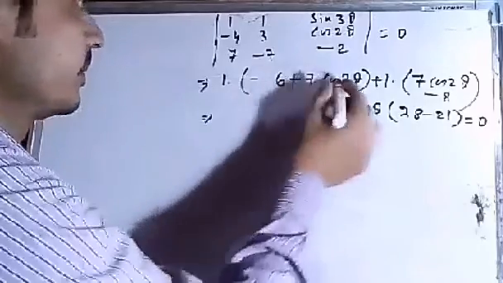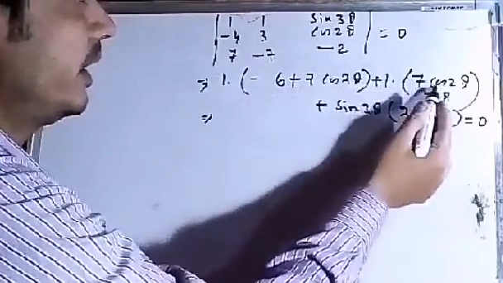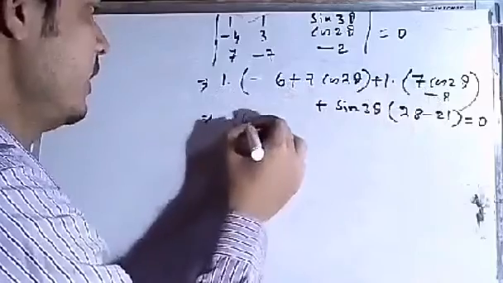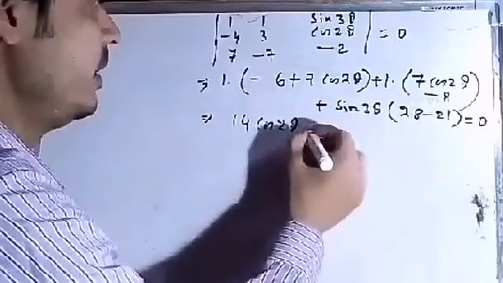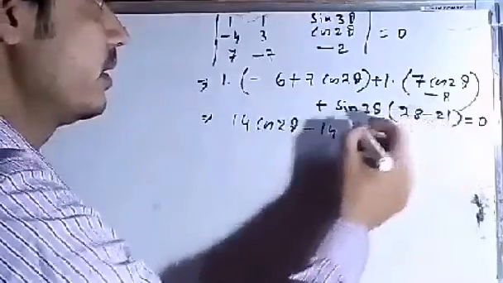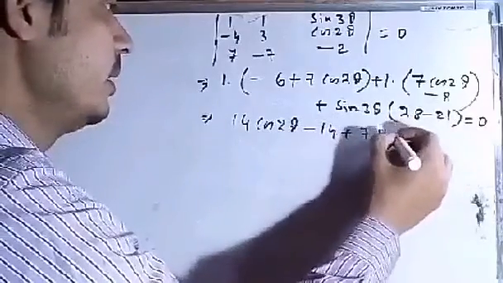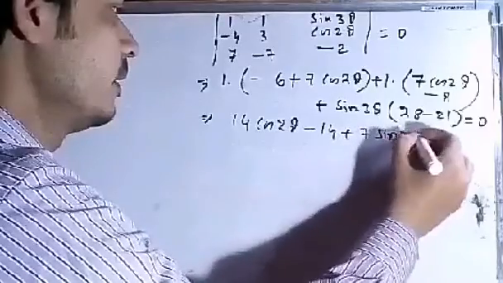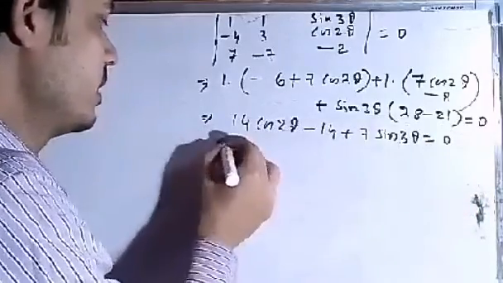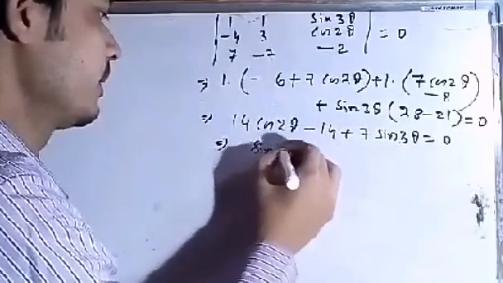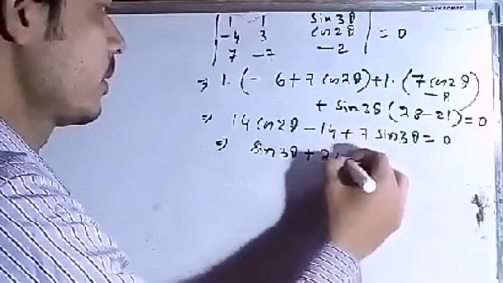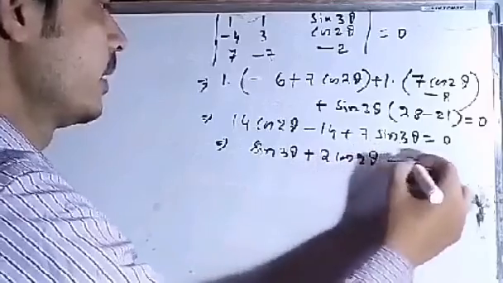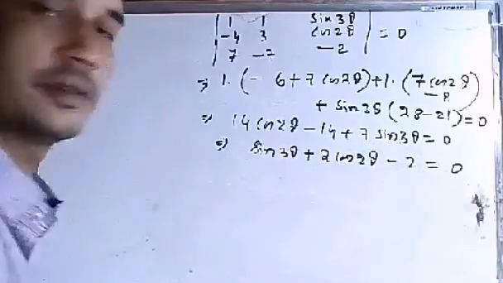Now this gives 7 cos 2 theta, and again here 7 cos 2 theta, so we have 14 cos 2 theta. Then we have minus 6 minus 8, minus 14, and this is 7, so plus 7 sin 3 theta equals 0. So this implies sin 3 theta plus 2 cos 2 theta minus 2 equals 0.